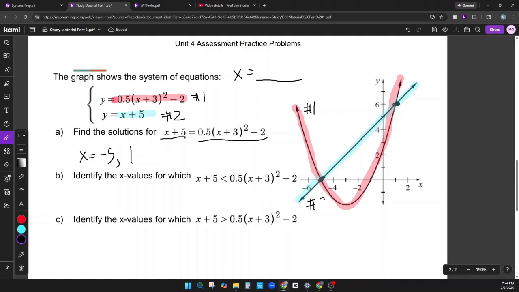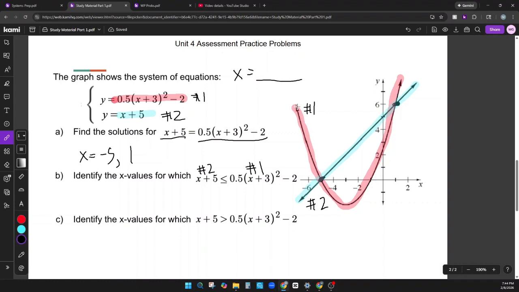So, in other words, this is asking me, identify the values for which line number 1 is less than or equal to, excuse me, it's not asking about line number 1. Let's make sure that we label this correctly. Identify the x values for which line number 2 is less than or equal to line number 1. So let's see where that's the case.